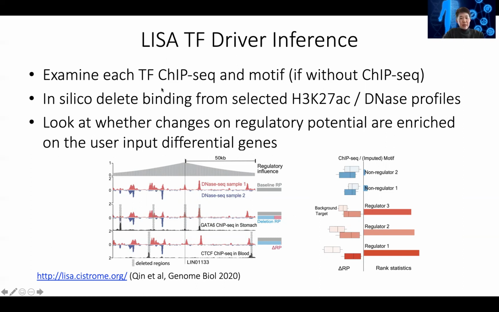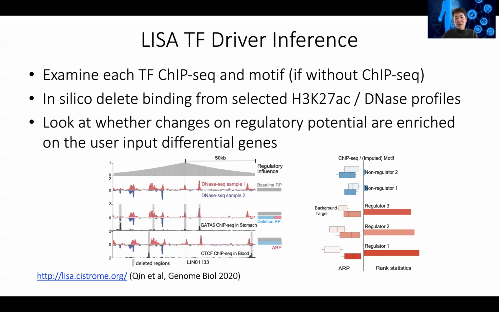And then we try to see, if you were to not have this TF ChIP-seq or the motif, how much does that change the nearby genes? And we don't just do this in one, we do it across the genome of all these K27 regions or DNase regions. And we ask, how much does it change the nearby gene? And the TF that changes most of the nearby genes as your query gene, that's your TF of interest.